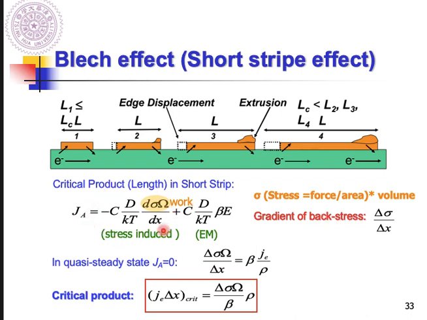So this is the atomic flux driven by the stress field, and this is driven by the electrical field we apply on the system. As long as they reach the steady state, meaning the total atomic flux Ja equals 0, you can have an equation expressed like this. After rearrangement, we put in the current density Je and the length delta x here, put in the critical length here, then the other parameters.